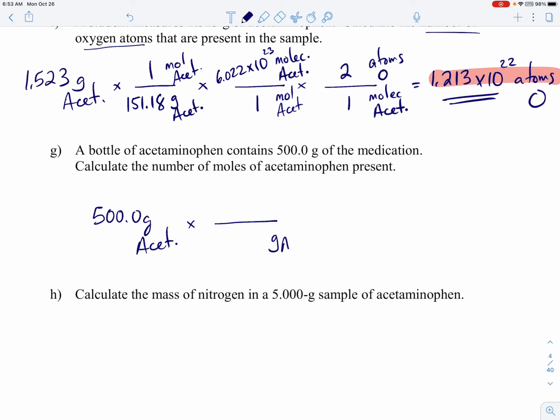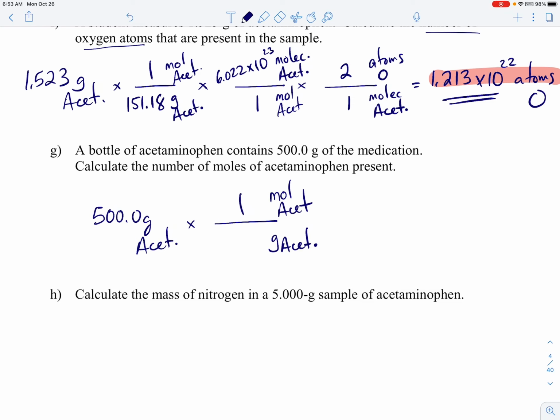Let's get rid of the grams of acetaminophen, and we'll switch it to moles of acetaminophen. I'm not sure if you've noticed my abbreviation of the word mole is MOL. That is the actual abbreviation we use for mole. We drop the E and just write MOL.